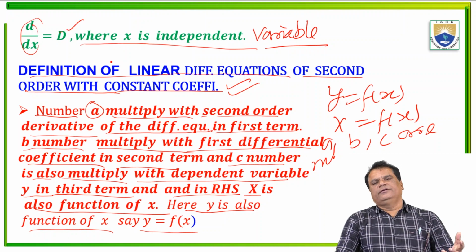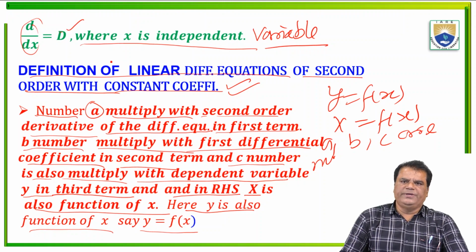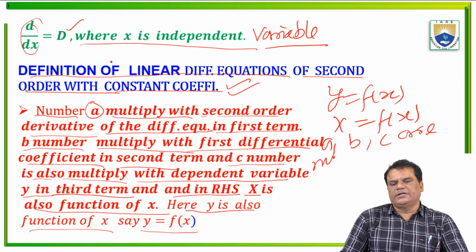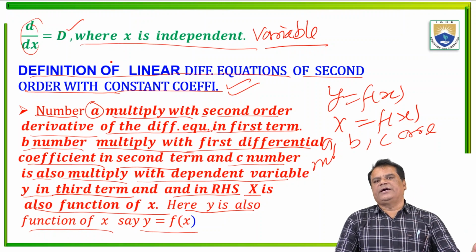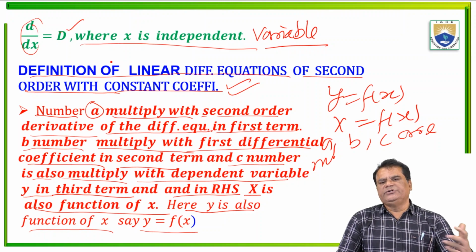In this equation, we apply the method of variation of parameters. How can we solve a linear differential equation of second order with constant coefficients with the help of variation of parameters? This is a very interesting and easy method, which we use here in some problems.